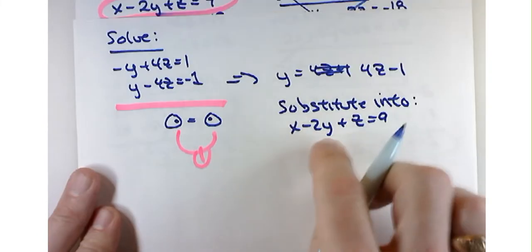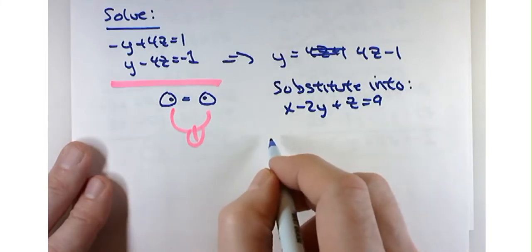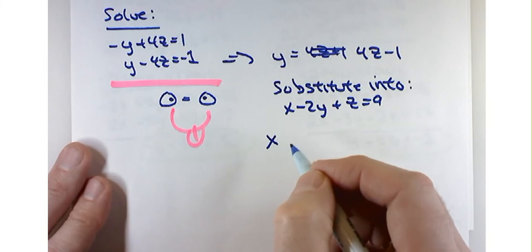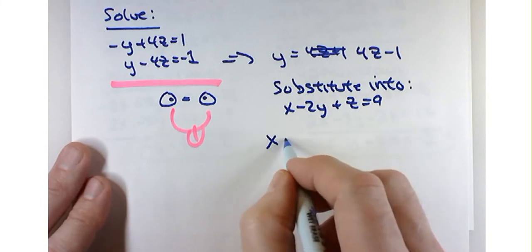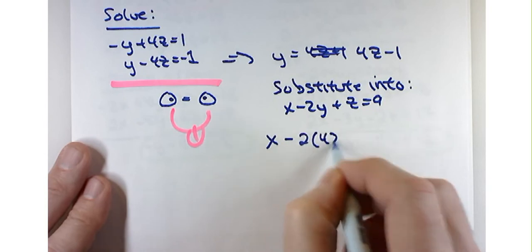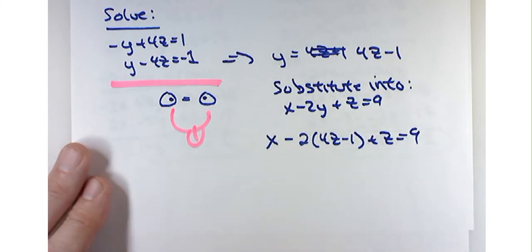So basically I'm getting rid of the y here by doing that. And I get, let's see, x minus 2 times 4z minus 1 plus z equals 9.